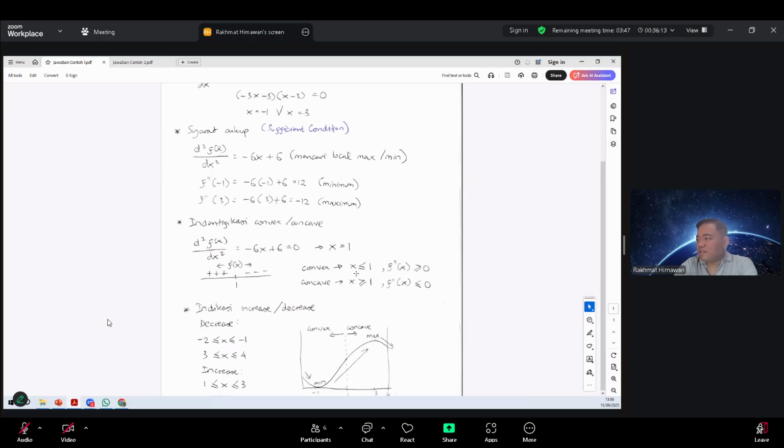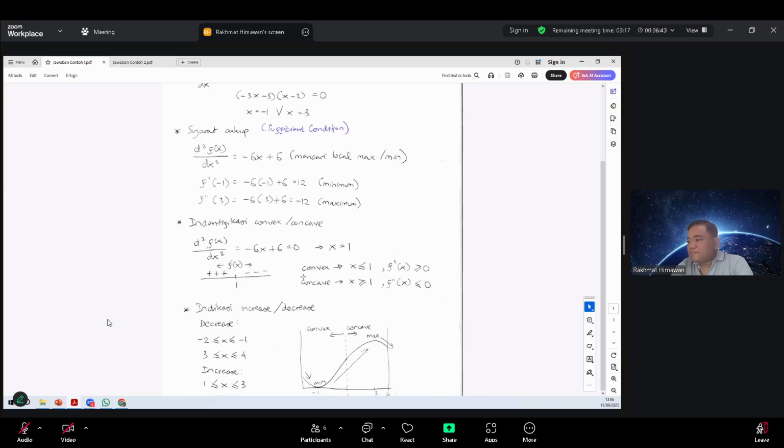When x is less than 1, f''(x) will be greater than 0. That means it's going to be convex. If x is greater than 1, the second derivative is less than 0, it becomes concave.